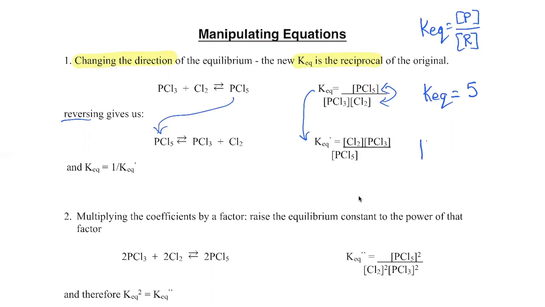If we look at the number value for a KEQ expression like this, before we had 5, and any number that's just written as is, you can think about it as being over 1. So if we take the reciprocal, just like we did with the expression, that would give us 1 over 5 as the new KEQ value when we change the direction of the reaction. Overall, when we reverse, we're going to get 1 over the KEQ.